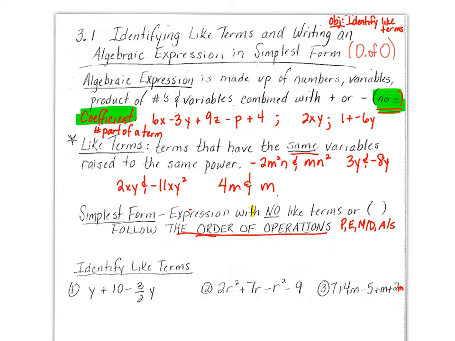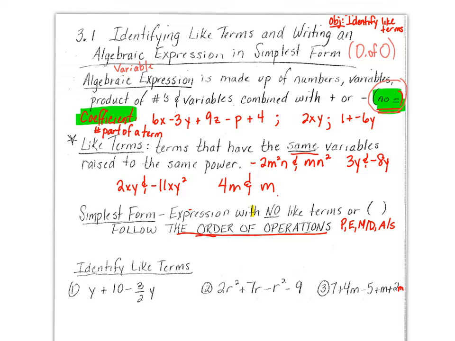Okay? So we've already talked about a lot of this. An algebraic expression, which we've also been calling a variable expression, is made up of numbers, variables, and the product of numbers and variables combined with adding and subtracting. Remember, expressions cannot have an equal sign.